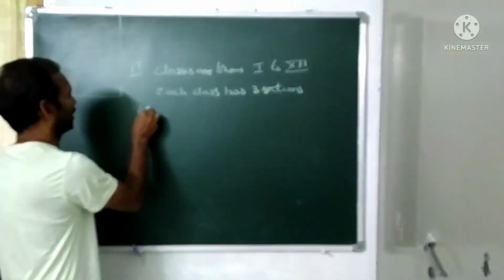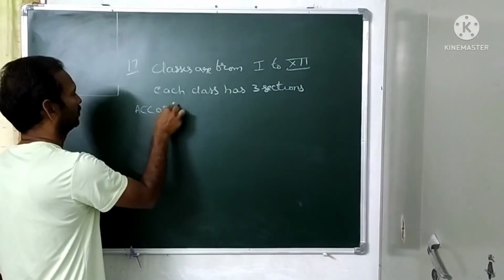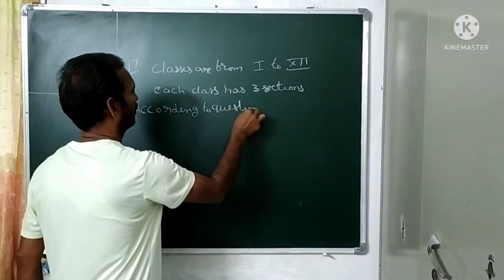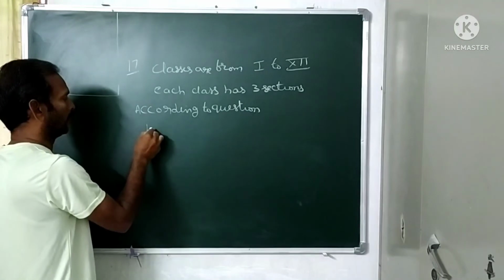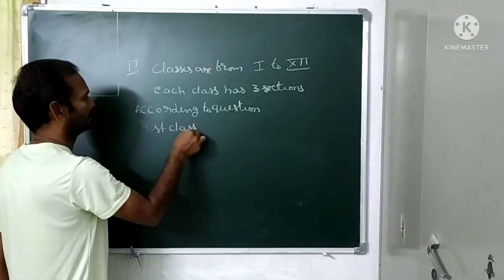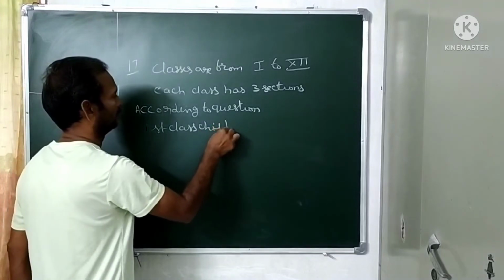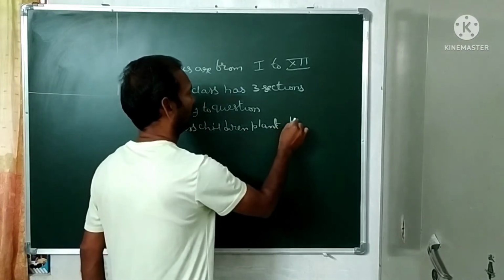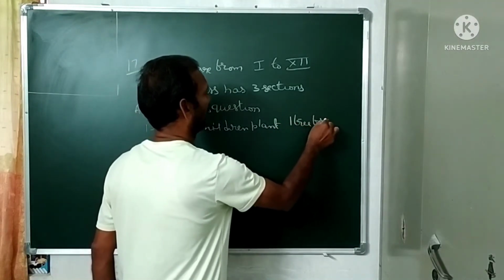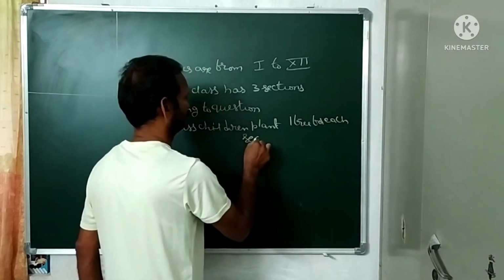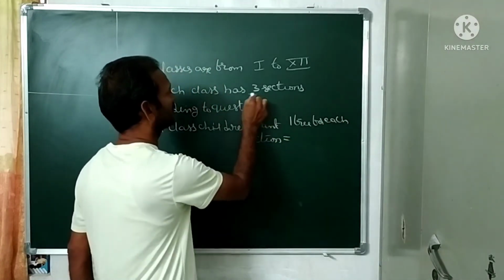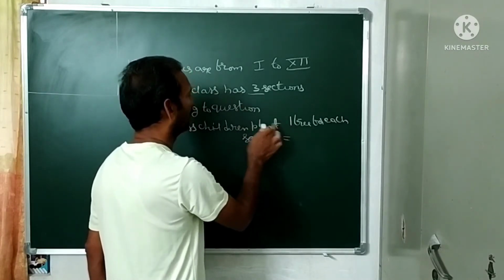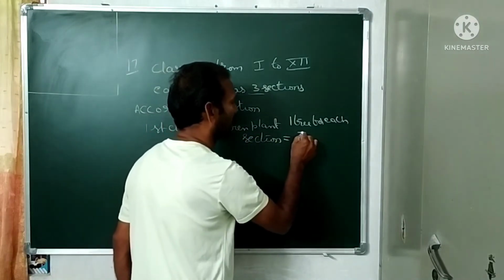So according to the question, first class children plant 1 tree for each section. So how many sections are there? 3. Section A 1 plant, section B 1 plant, section C 1 plant. So from the first class overall how many trees do they have to plant? 3.